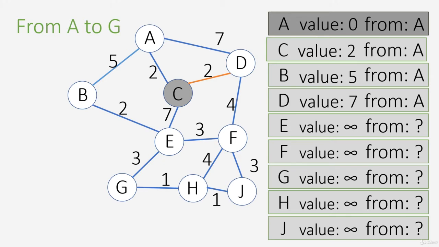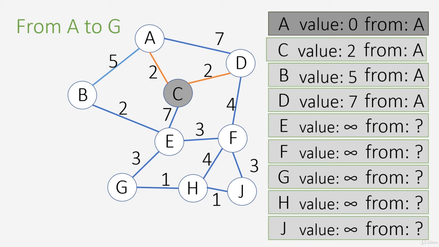So I take a look at how much time it takes to get to D now, and if the value is bigger than the sum of the path from start to the current node and the edge from the current node to D, I change the value. So in this case, I add up 2 because it takes me 2 to get from A to C, and then I add 2 because it takes me 2 to get from C to D. And that gives me 4.